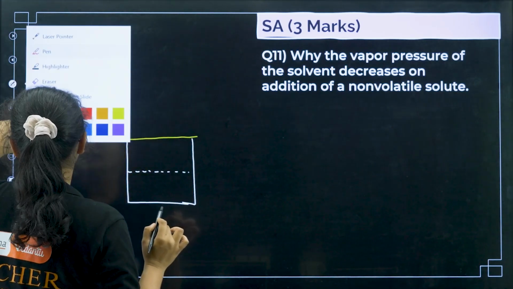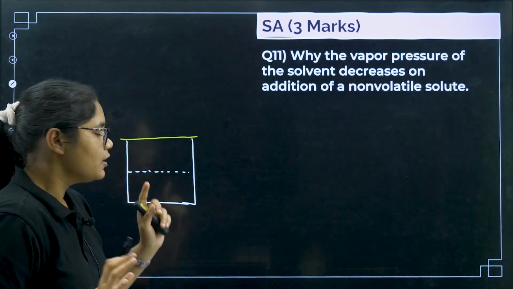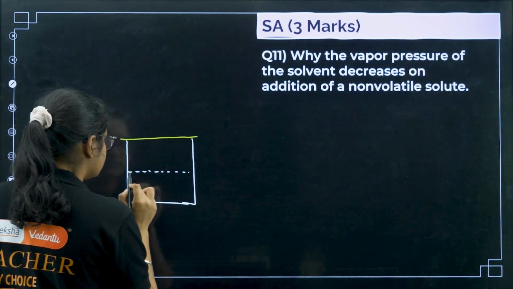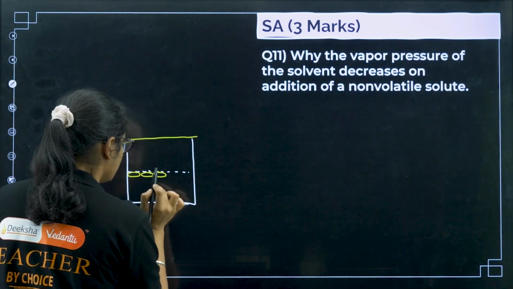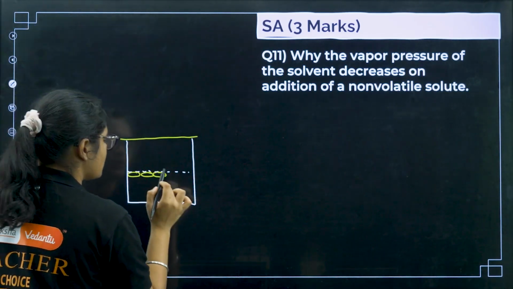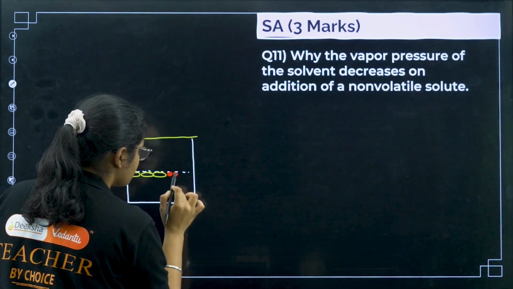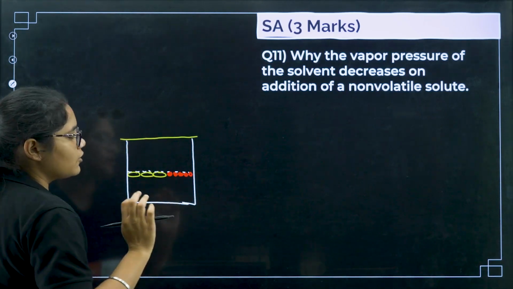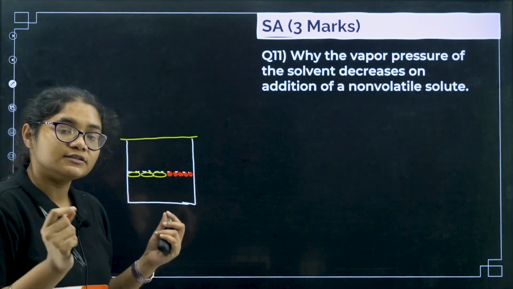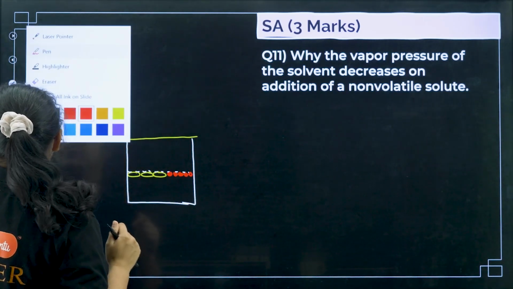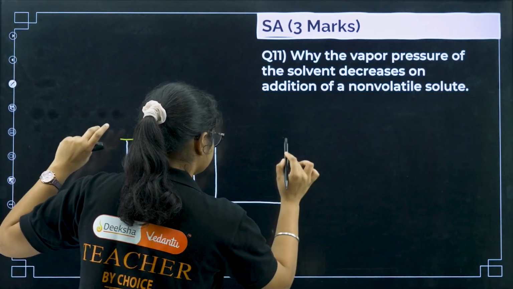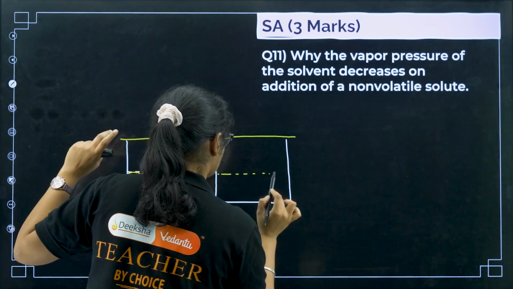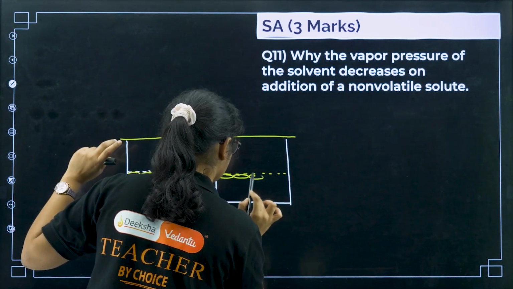Earlier, when there was no solute, all the particles present were of the solvent. But now once you add the solute, the surface is not only of the solvent, it contains some solute particles also. When there was no solute, all these particles were solvent molecules, right?